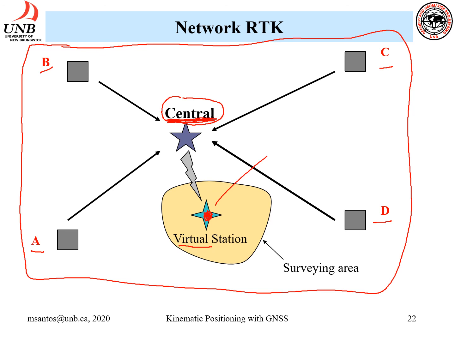And what network RTK can also provide would be corrections for the atmosphere: ionospheric delay and tropospheric delay.